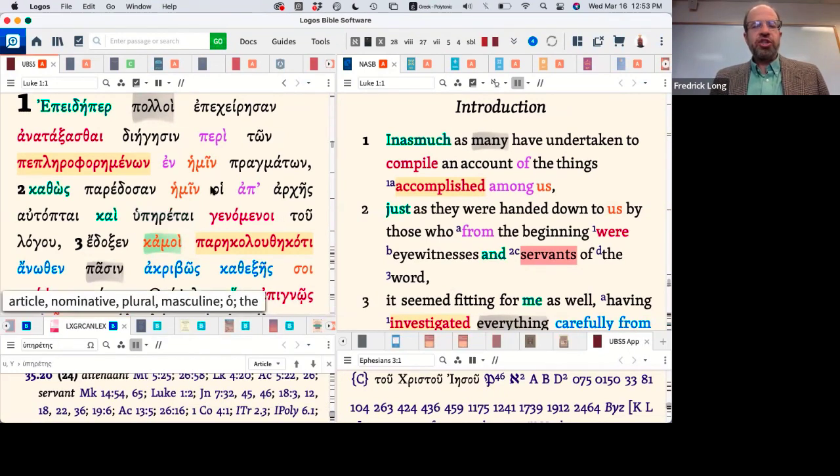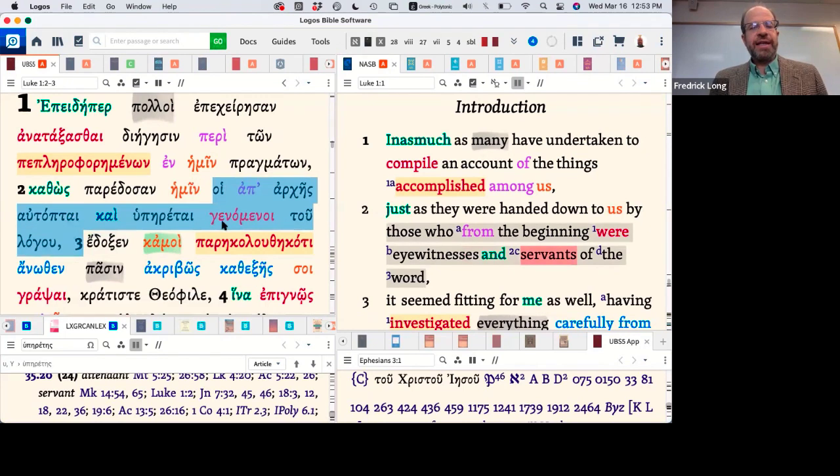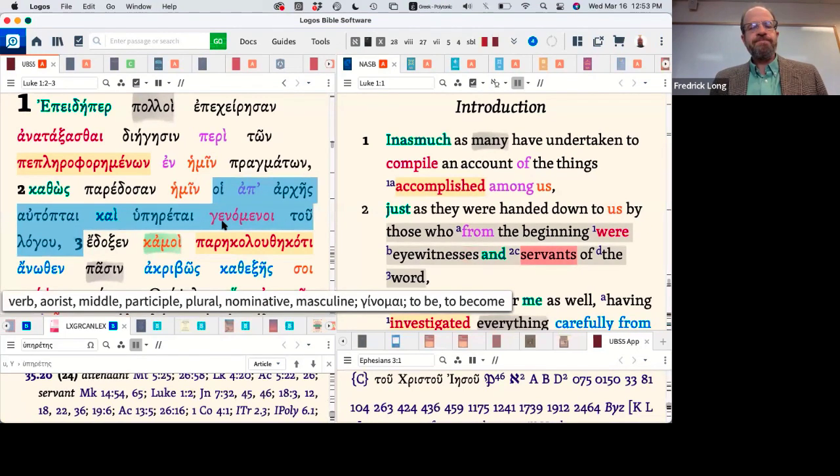So in terms of the construction, what you have here is technically this participle, genomenoi, a substantive participle. The ones having become. And then what are they becoming? This verb takes predicate nominatives, eyewitnesses and servants.